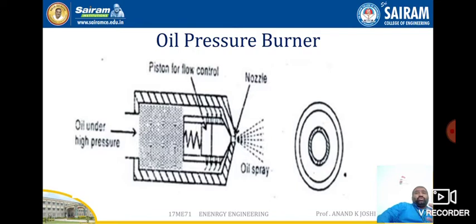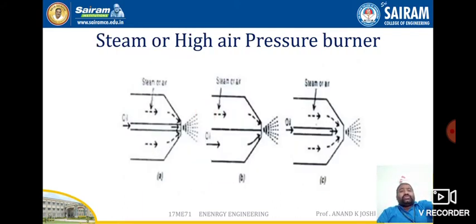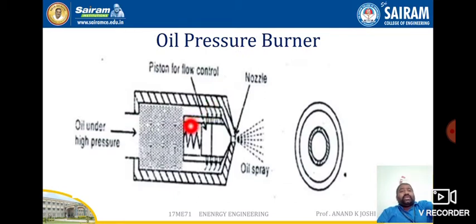The oil flow through the orifice can be regulated with the help of a control piston. So the control piston will be here. When the oil is under pressure, it pushes the oil and gets pressurized, and it is atomized and sprinkled through the orifice. The oil flow through the orifice can be regulated with the help of the control piston, that is a plunger, like the one used in your pen also, which closes the tangential slots to the required level.